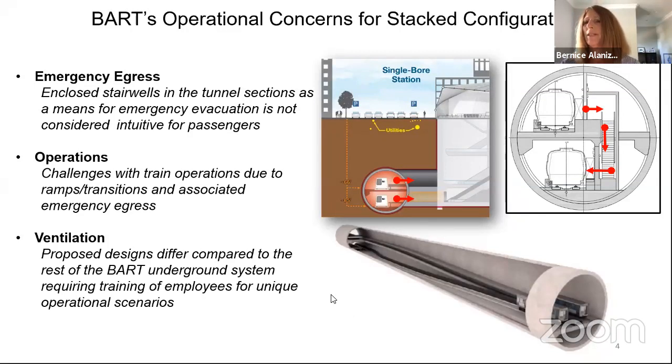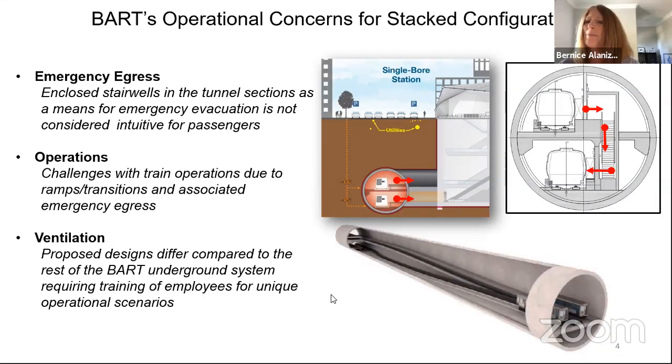The others were related to their actual operations. The stacked configuration within the single bore tunnel involves the operators making some transitions with ramps, and that is not customary in that system and would require some more training and an operation that is not standard and customary for the BART operations folks.